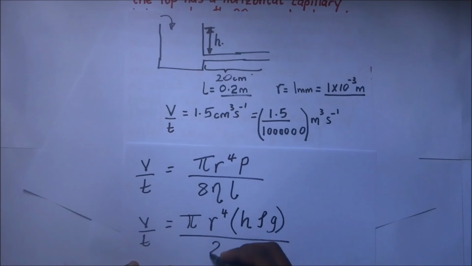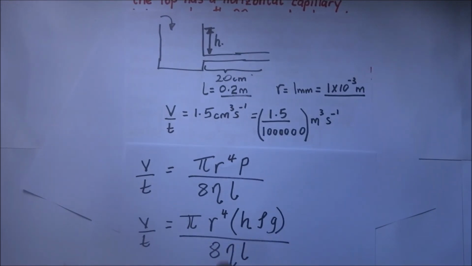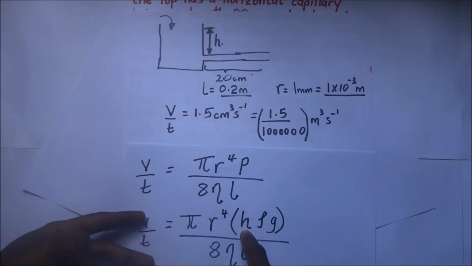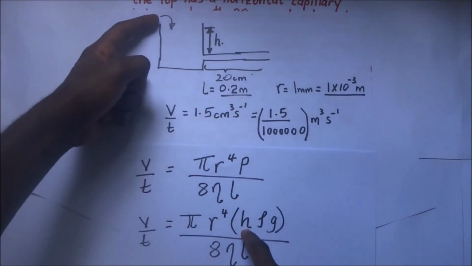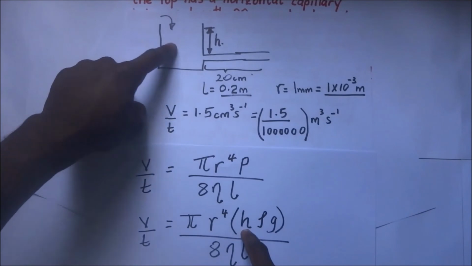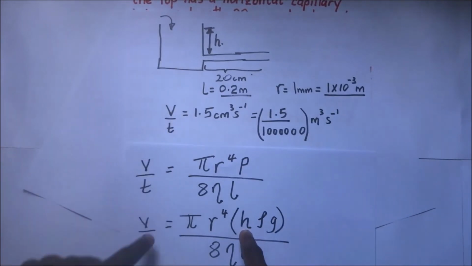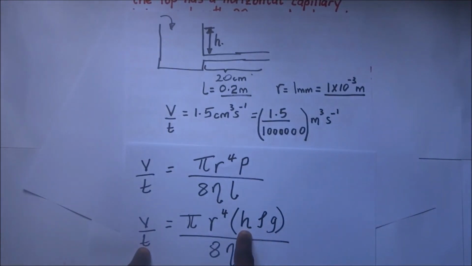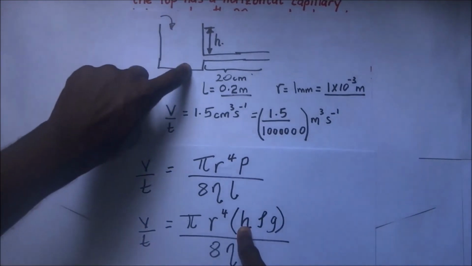Divide that by 8 times the coefficient of viscosity times L. Now in this case we are interested in the height, the height that is going to make this constant, when the volume flow rate is such that 1.5 centimeters cubed are the ones coming in here. What is the height that is going to correspond to that volume flow rate?